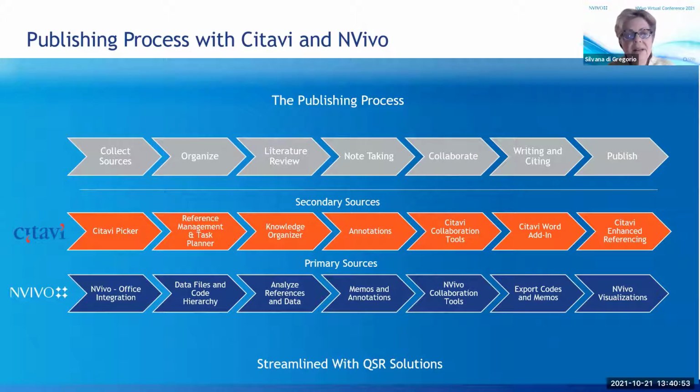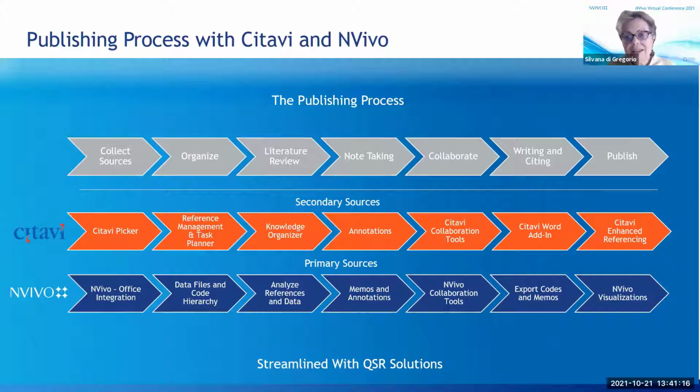You would then need to organize both types of data. You would start, if you're doing both a literature review and an empirical study, with starting to analyze the literature, starting the literature review. You would be taking notes. You would do that also with your empirical data.